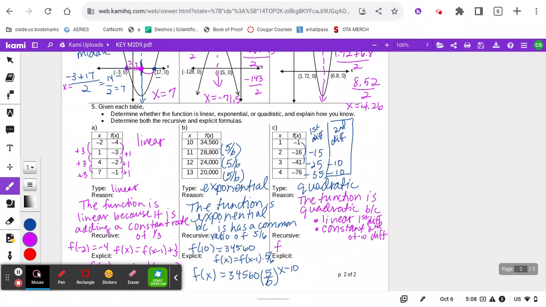All right, recursive. F of 1 equals negative 1. F of x equals f of x minus 1. Who remembers how to get that? Explicit. So we need a 0 term. We've got a 1 here.